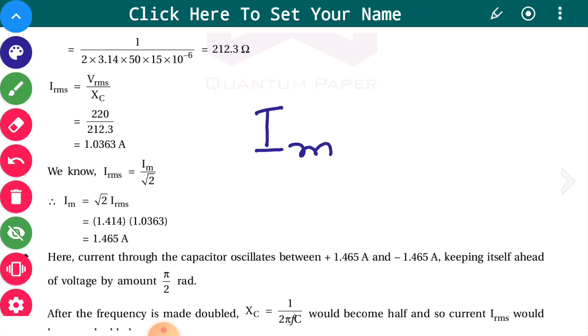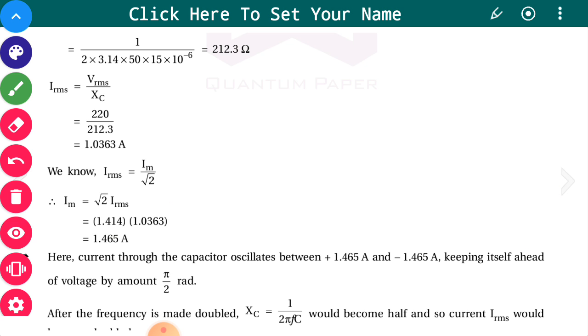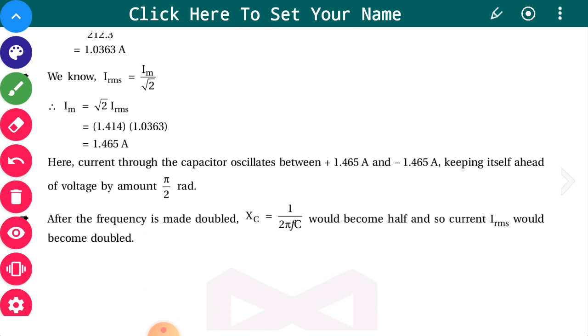As you know, Irms is the maximum current divided by root 2. So Im is Irms multiplied by root 2. You can calculate it easily.